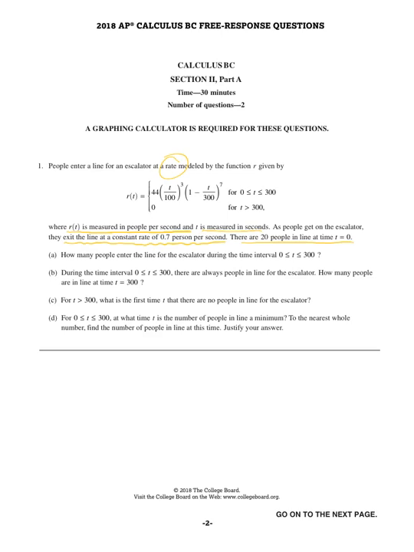So in question A, this is your typical part A question. Everyone is meant to get this question right. How many people enter the line during the time 0 to 300 seconds? So in this question, you would integrate R of t. In your calculator, you would type this function, because this is between 0 and 300, into y1.